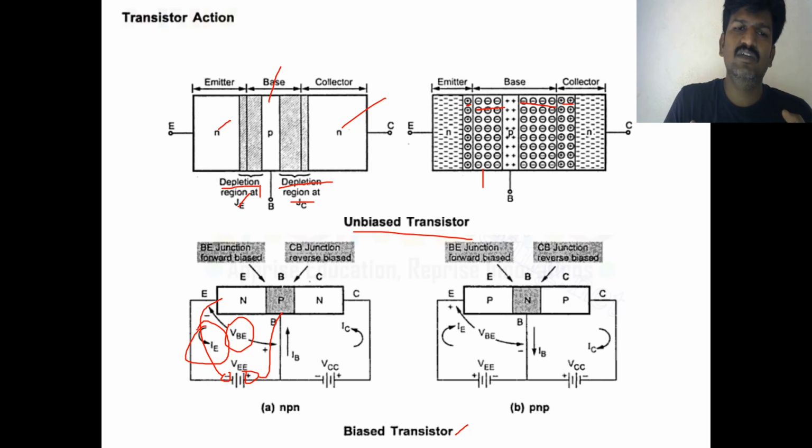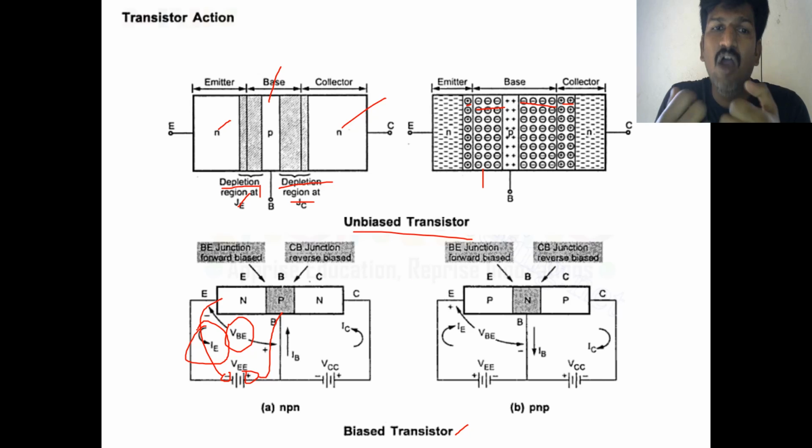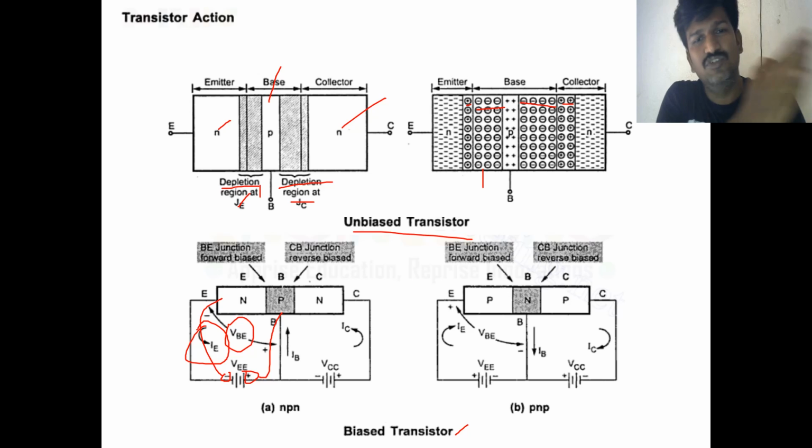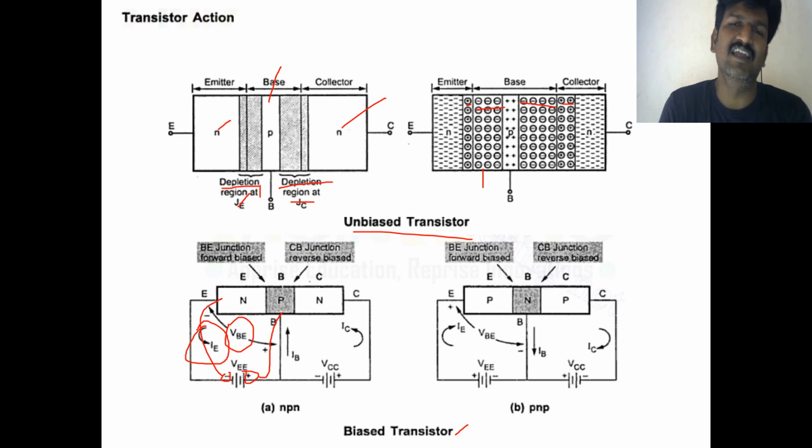When the diode corresponding to the base to emitter junction becomes forward biased, majority carriers diffuse into the base material. Some of the electrons recombine with the majority carriers, the holes, and the remaining electrons move away from the base and enter the n-type material again. So this is the operation that takes place in an NPN.